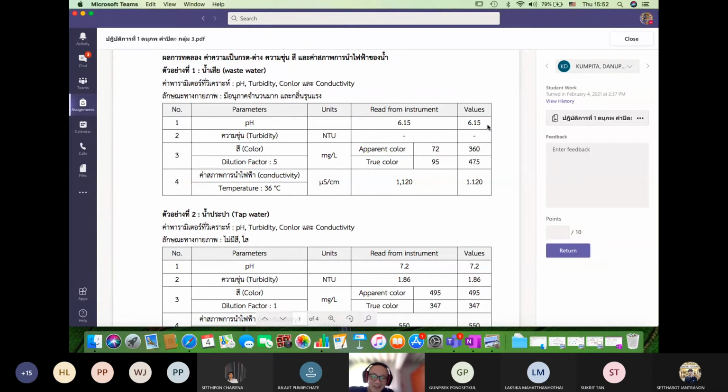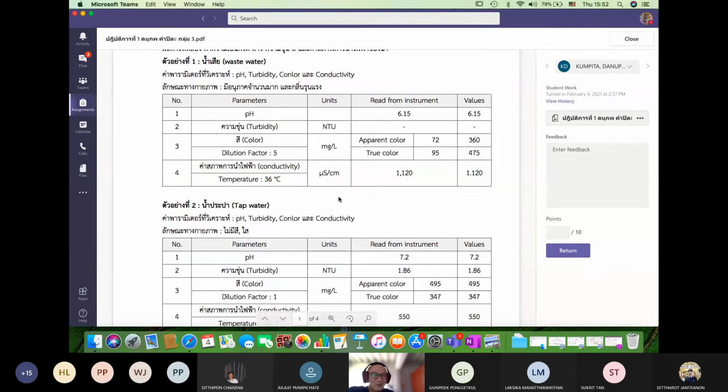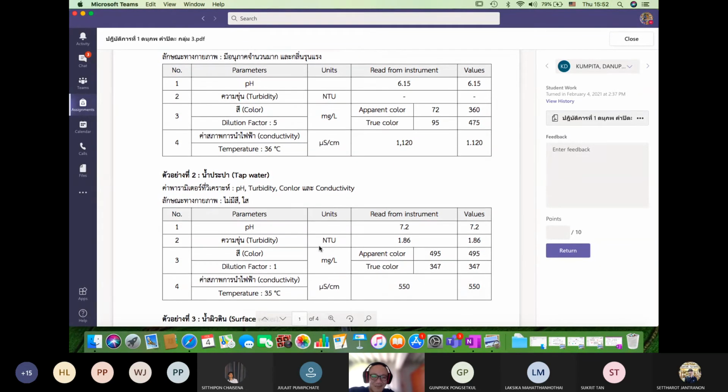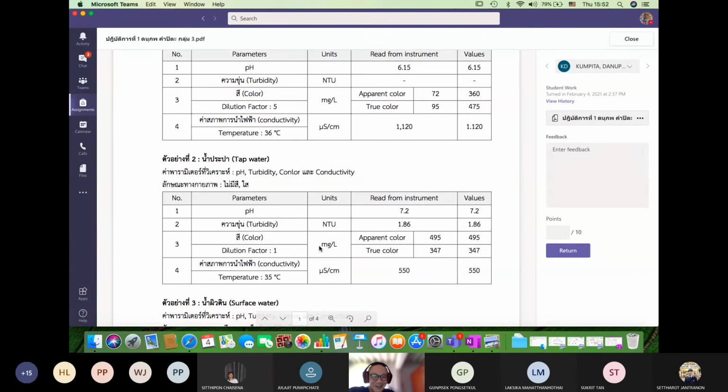So which one is better compared with the previous results report? Which one is better in your opinion? Just have a look again. This one is for the wastewater sample, and another one is the tap water sample. So this is another way of results presentation.